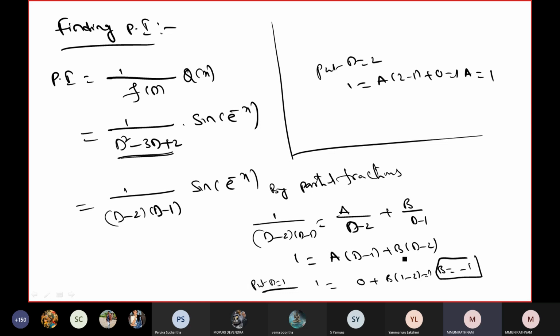Substituting D = 1 gives the B value, and D = 2 gives the A value. You can also compare coefficients of D, whatever you like. You have learned this well in PUC, so no need to explain. Therefore 1/((D − 2)(D − 1)) can be written as 1/(D − 2) − 1/(D − 1).